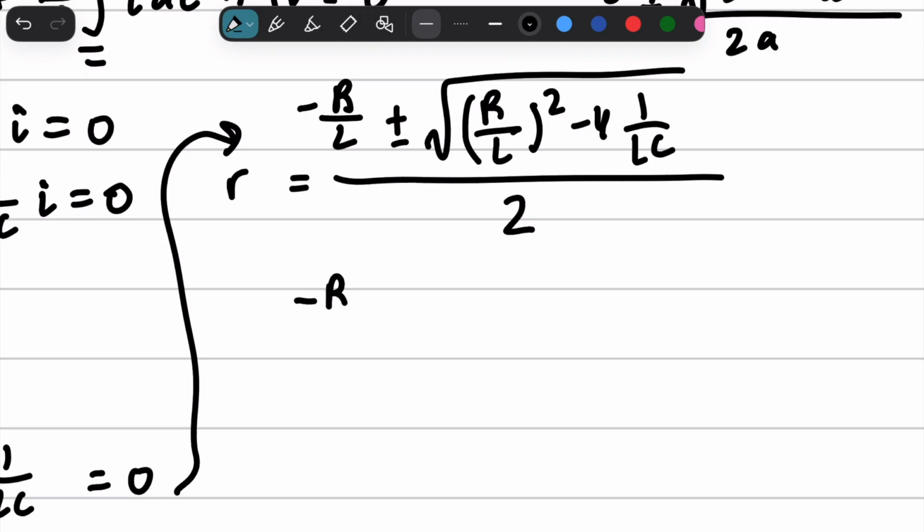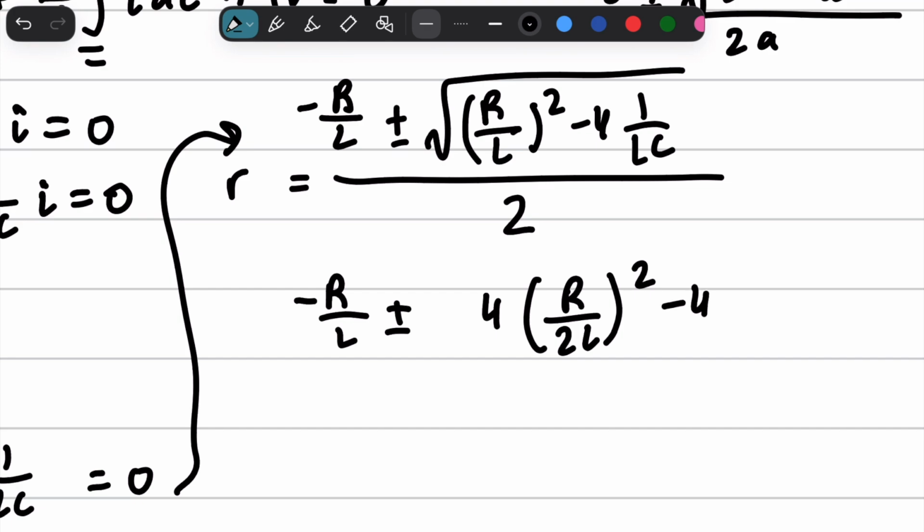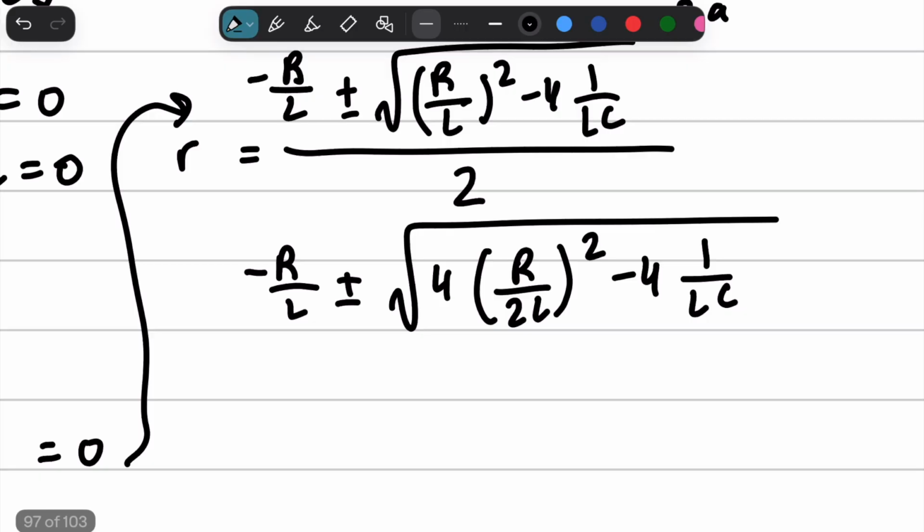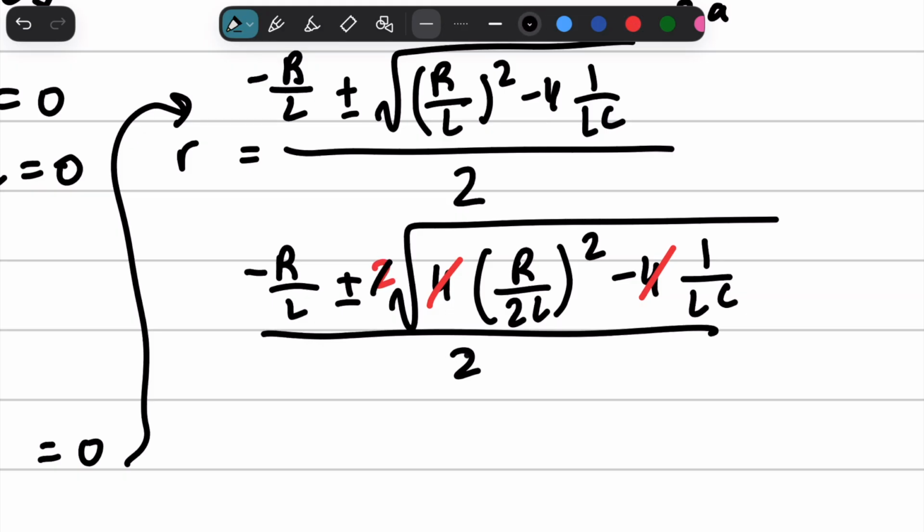So let me just show you what I'm talking about. We've got R over 2L squared minus 4 times 1 over LC, and I'll show you why this matters afterwards. But we can actually take this 4 out, make it a 2, and cancel out this 2 down here, but we're still going to maintain a 2 right here.